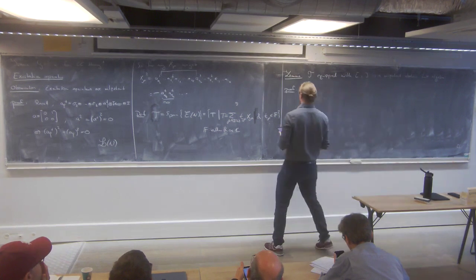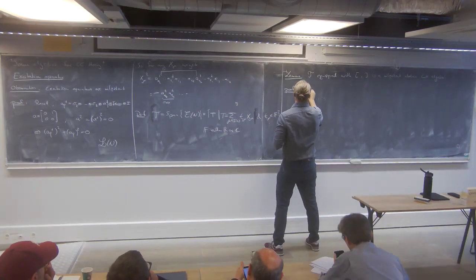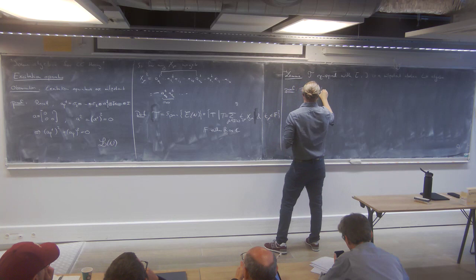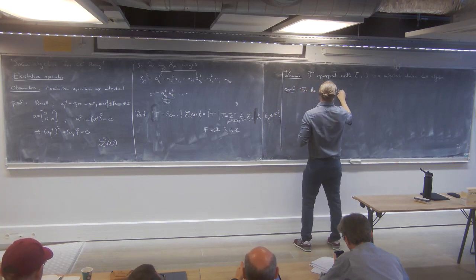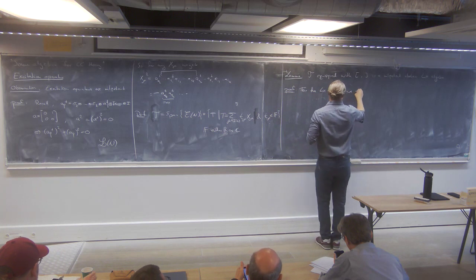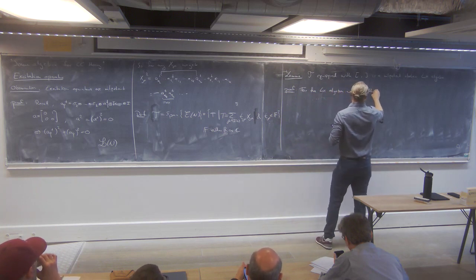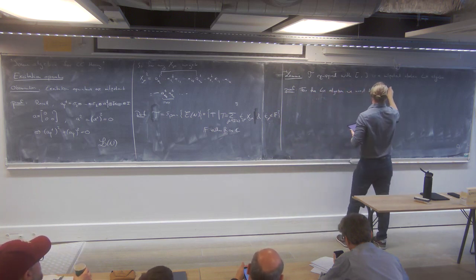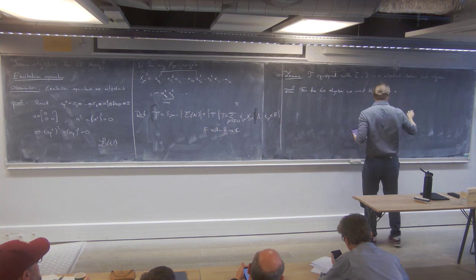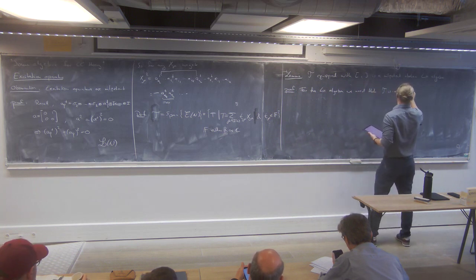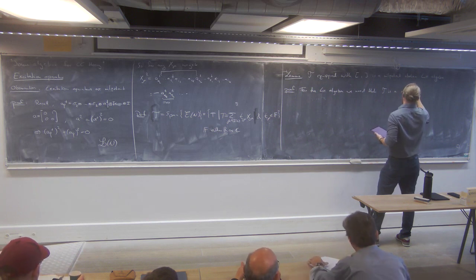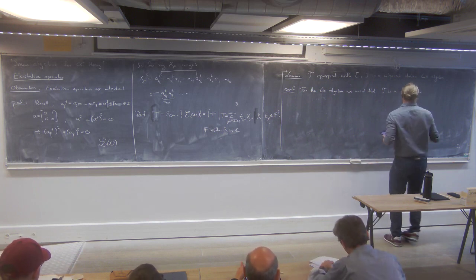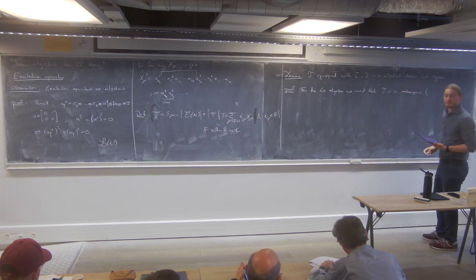Okay, so let's write this down for the Lie algebra. So we need that T is a linear space, a vector space, which is true by construction.